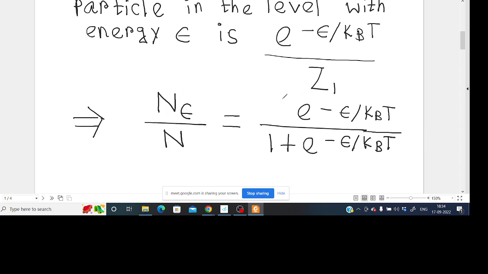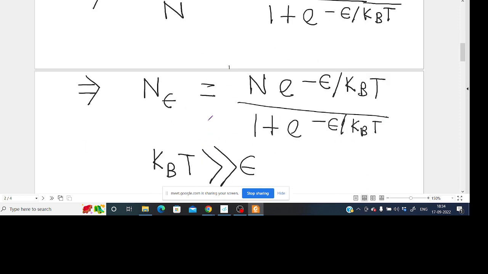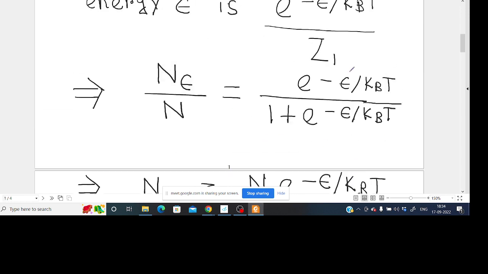And this is the probability for canonical distribution. So these two are equal here. So n_epsilon is equal to n into e to the power minus epsilon by kBT by 1 plus e to the power minus epsilon by kBT, as here z1 is equal to 1 plus e to the power minus epsilon by kBT.